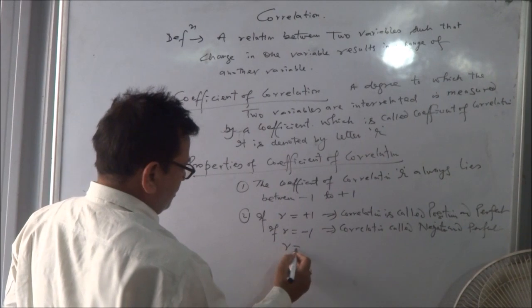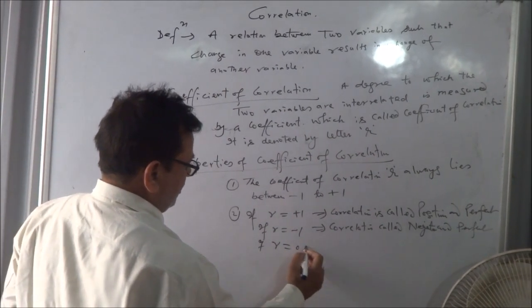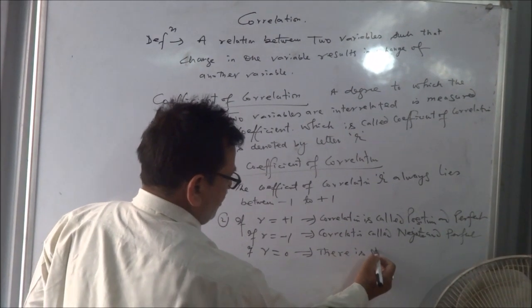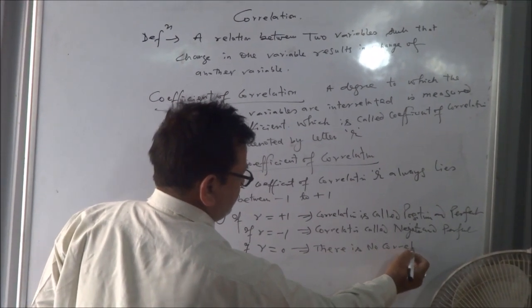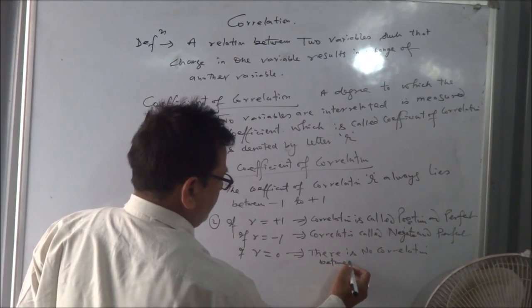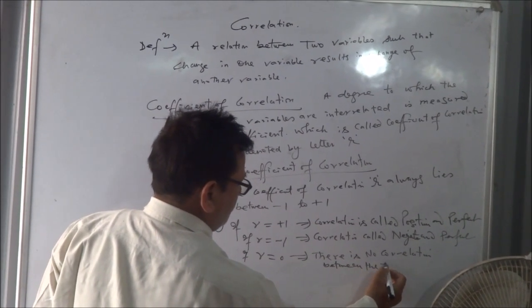If r is equal to 0, it means there is no correlation between the two variables.